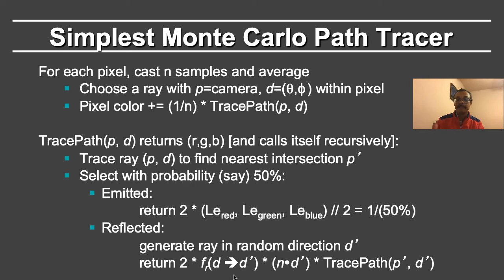Remember, this can be a multi-bounce path. And d prime is the ray going out from that point that continues the path. So it's the direction corresponding to d and d prime, the cosine term, and the radiance input to the ray, which is obtained by calling trace path recursively.